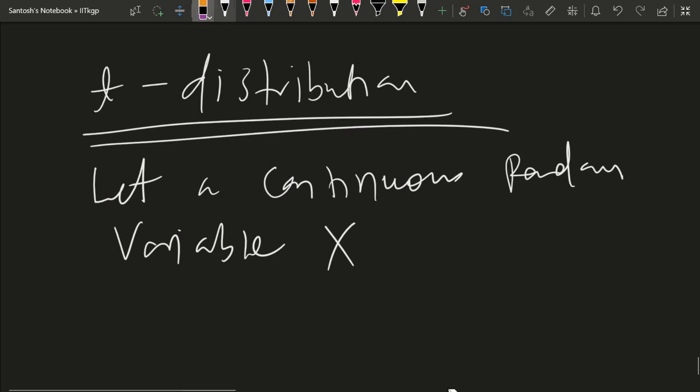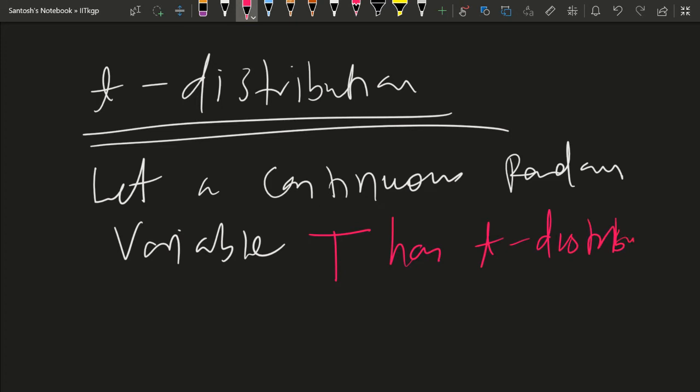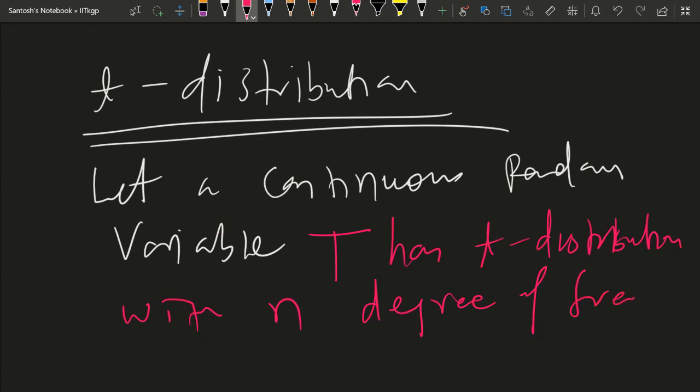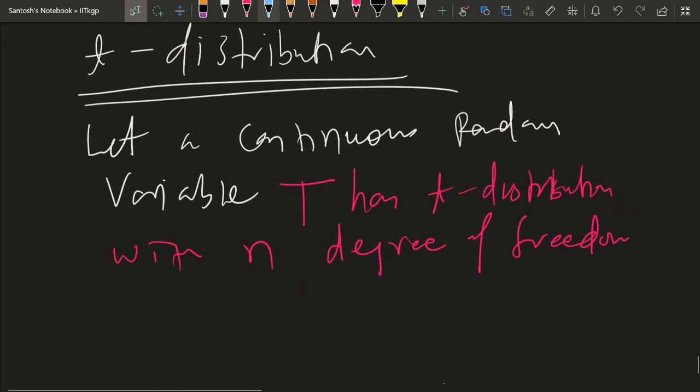So a continuous random variable t has t distribution with n degree of freedom if the PDF is, yeah, right, this is the definition.